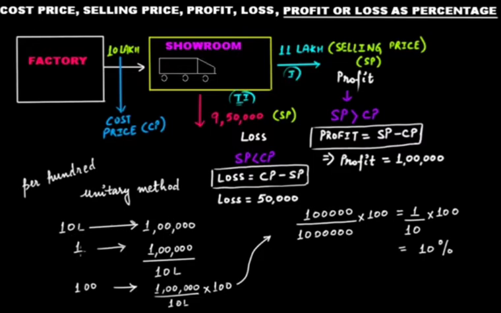So at 1 cost price, your profit will be this much. So at 100, what is the profit when the cost price is 100? That is this much. So for 100, you calculated the amount 10. That is per 100, that is 10% is the profit. So this is the percentage profit.